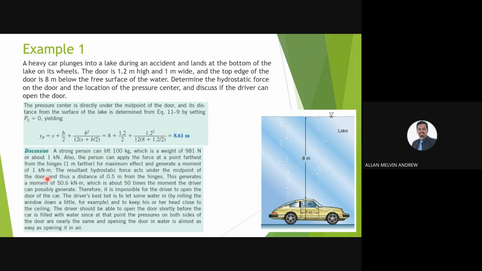So this generates a moment of 50.6 kilonewton meter, which is about 50 times the moment the driver can possibly generate. The driver maybe can generate one kilonewton meter, but the door at this depth generates 50.6 kilonewton meter, which is 50 times higher.